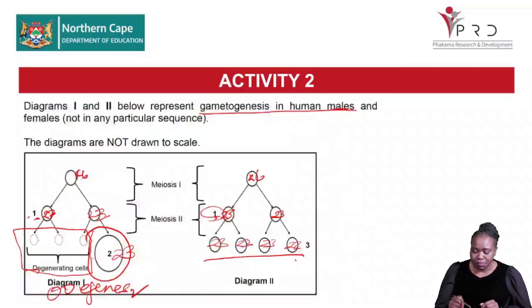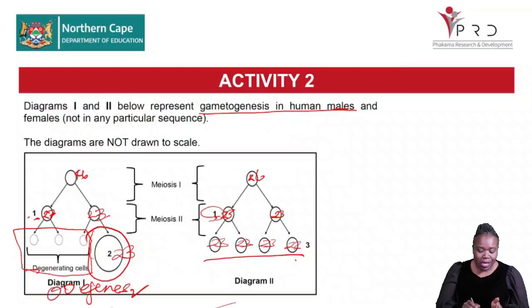Because males produce thousands of sperm cells every time, these thousands of sperm cells would now have a chance to fertilize 4 ova during intercourse, meaning that every time a female conceives or falls pregnant, she would carry 4 babies, right? So we would have 4 zygotes being produced, and they would develop into human beings.